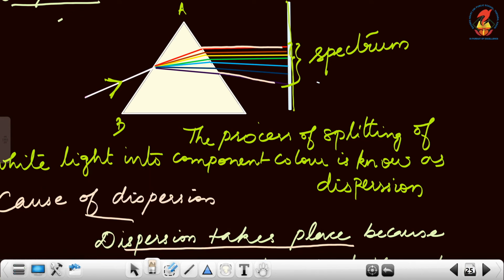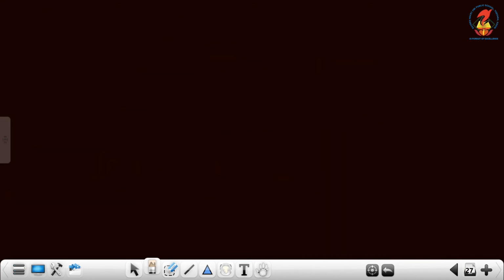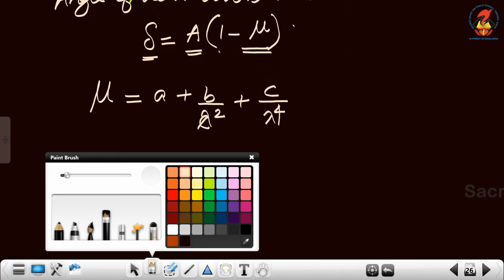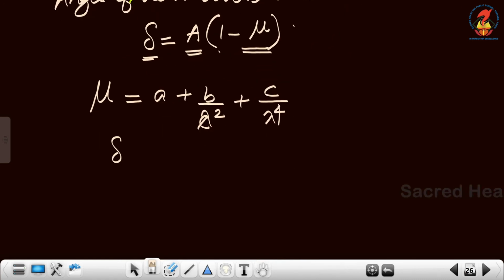Now, why is the deviation of red less than the deviation of violet? It is a question asked by the board. It's a short question. Why is deviation produced in red light less than the deviation produced in violet?